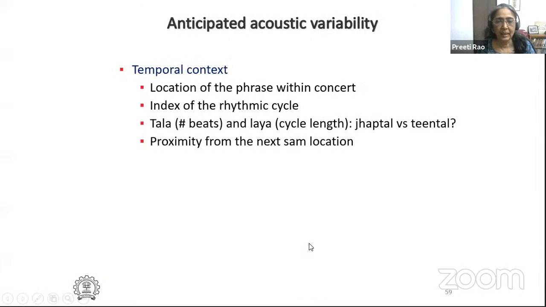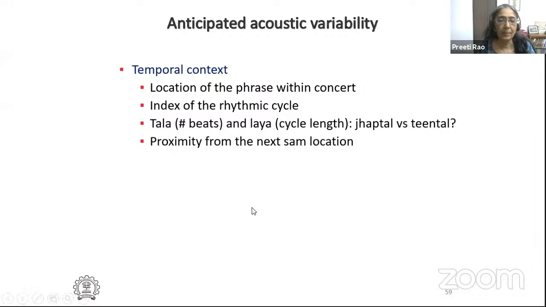Okay, so all this acoustic variability that comes in the concert, that is, in the box plot, we saw that a lot of other notes tend to have overlapping characteristics. And that happens because although there is a distinction between the raga phrases in theory, in practice, there's a lot of variability within a particular raga phrase in the course of a concert, and also, of course, across concerts by different artists.